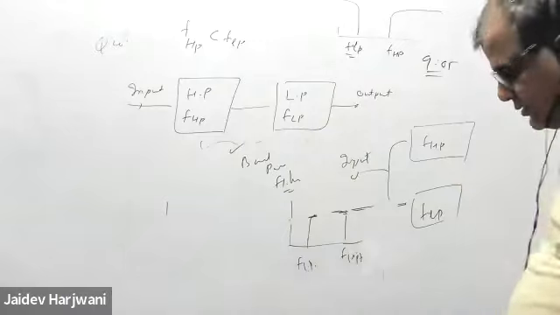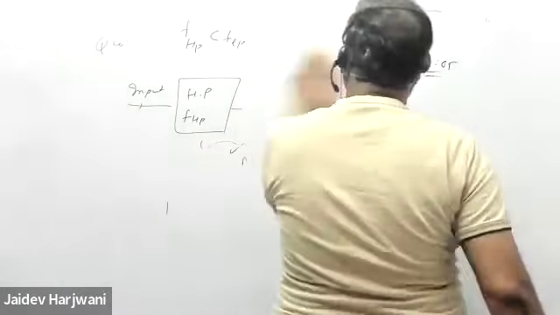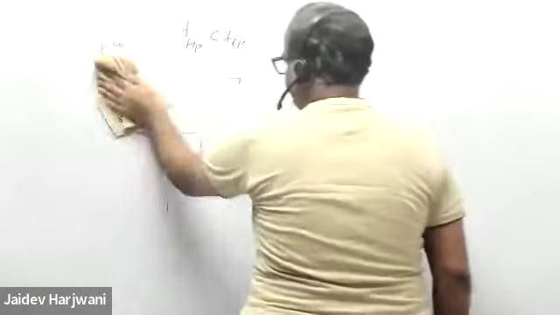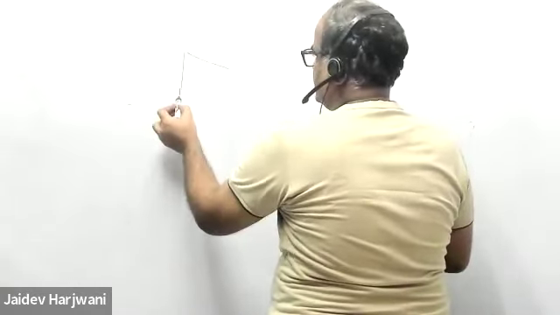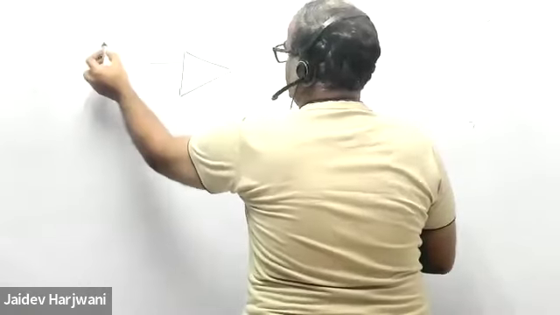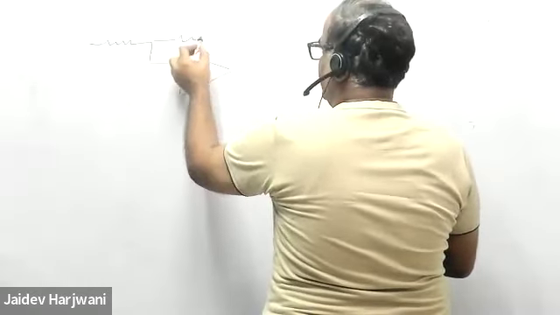Question number 21. If you see question number 21, you have an R, and then you have an R here.